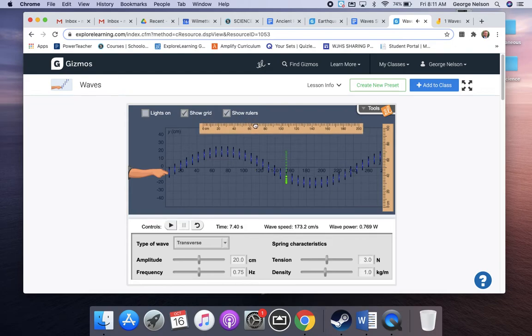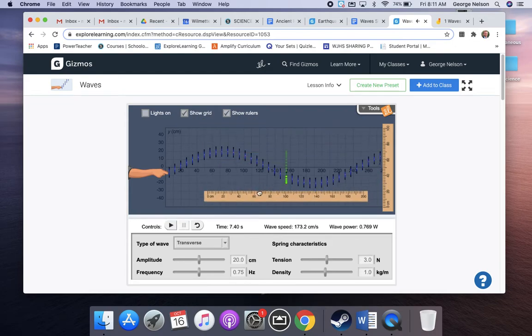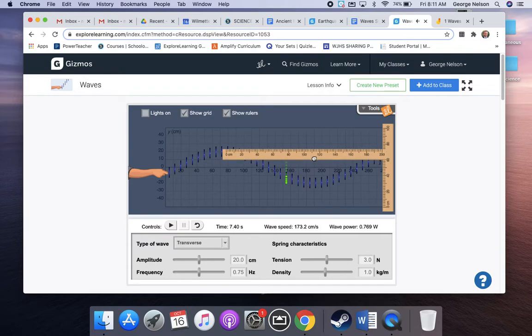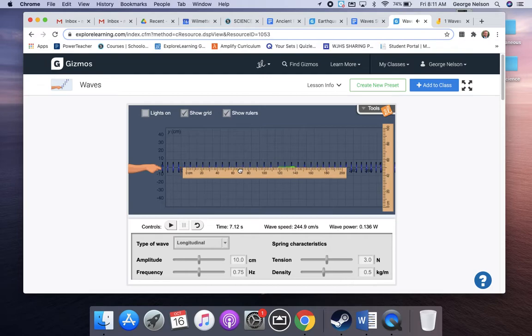It's real simple. You take the ruler, and it's from one crest to another. So you can actually just take it and measure right there. Like the other one, longitudinal, it's basically the top of the wave, so you can just measure between two points on here.